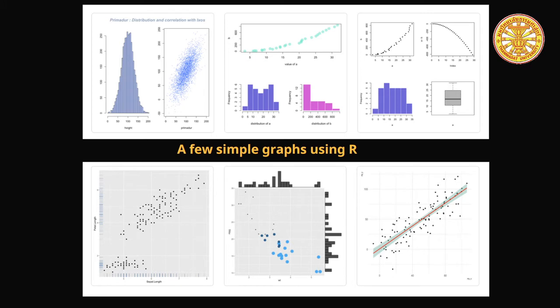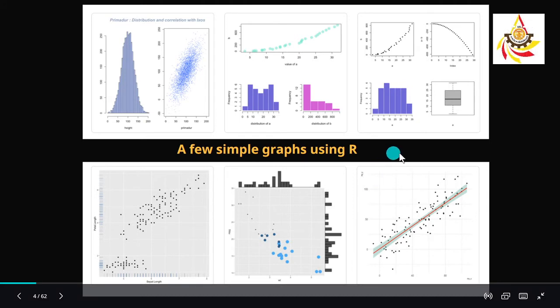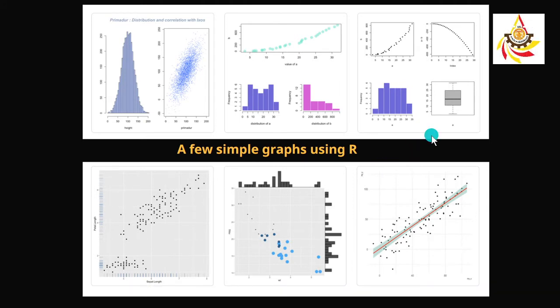When we have spreadsheet data, we can plot many types of chart, like a histogram, scatter plot, bar chart, pie chart. Also, a few simple graphs you can make in R with maybe one line of code.